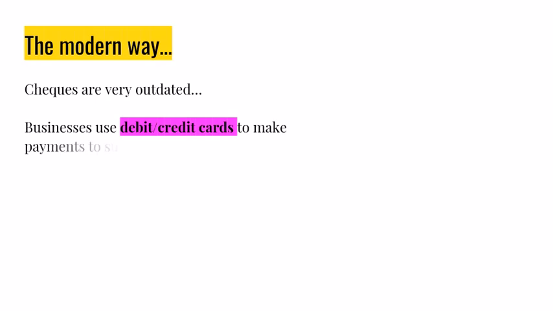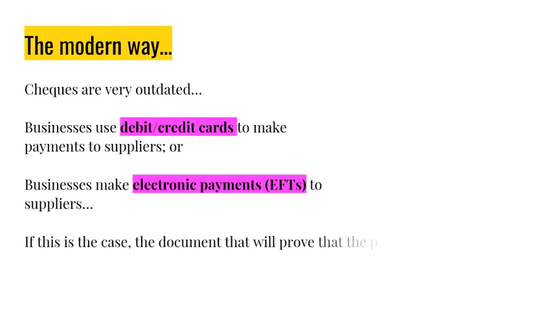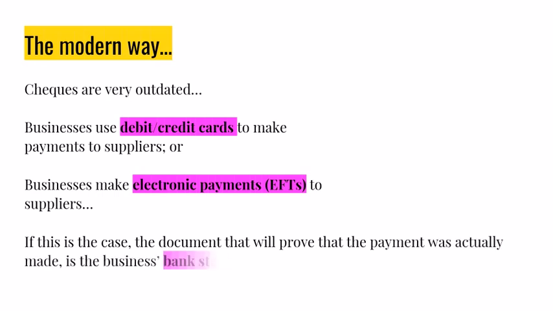Then the modern way of doing things is obviously that businesses use debit or credit cards to make electronic payments. They just swipe their card, or very often, especially for big amounts, businesses make electronic payments or EFTs to their suppliers. And then you will see proof of this on what we call the bank statement.